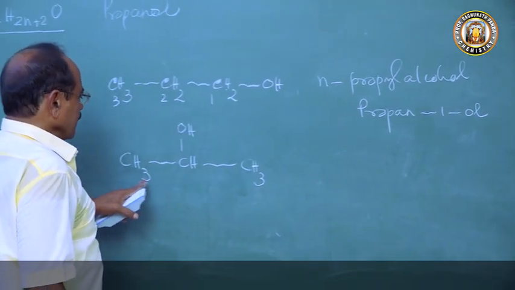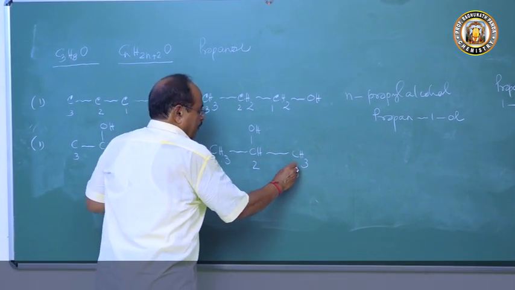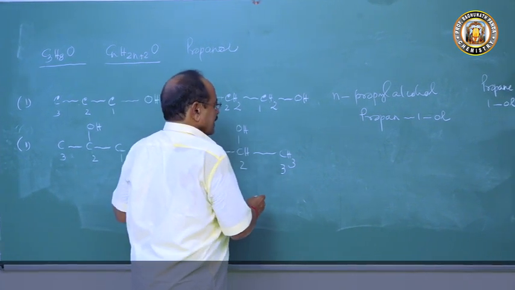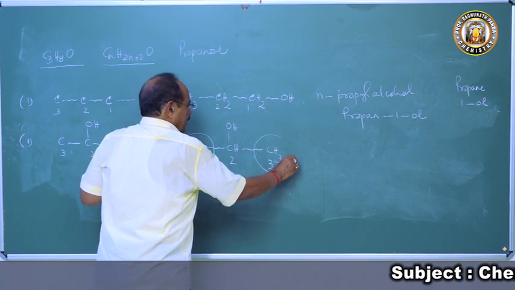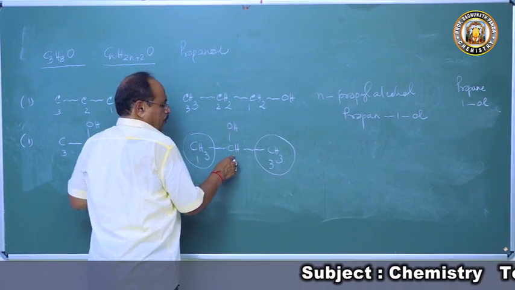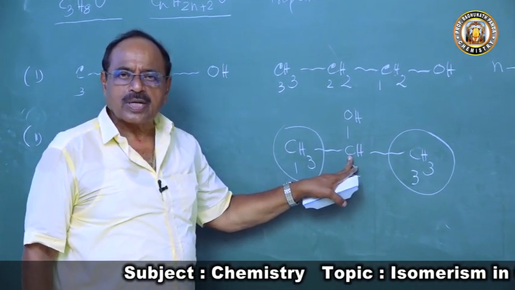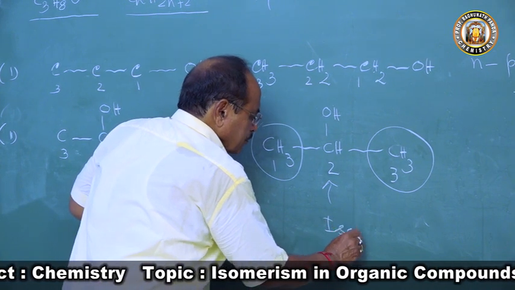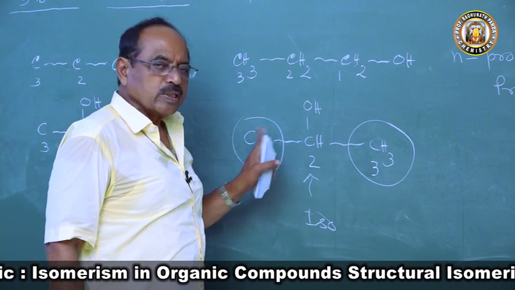And now if you come to this one, we can number from either side, 1, 2, 3 or 1, 2, 3. Now you see this is one group and this is one group, so 2 equal groups are there with this carbon atom. This CH carbon atom is an iso carbon atom, because it is bonded to 2 equal groups.